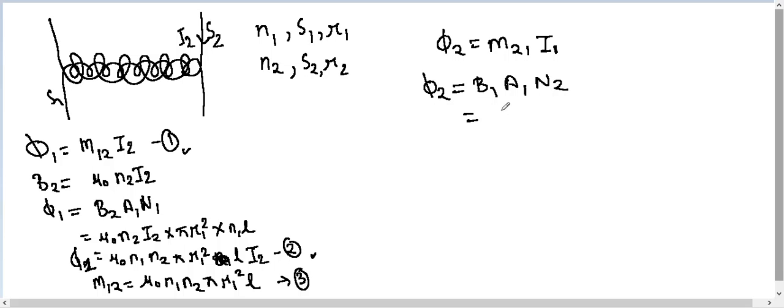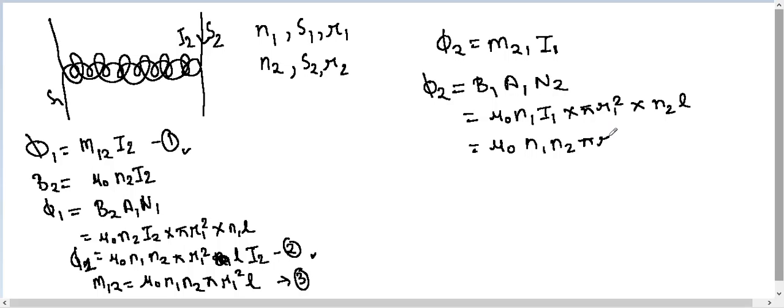Putting in the values, mu naught n1 I1 into pi R1 square into N2, where N2 is n2 into L. Combining the values, mu naught n1 n2 into pi R1 square into L, and then I1. Let's name it 4.